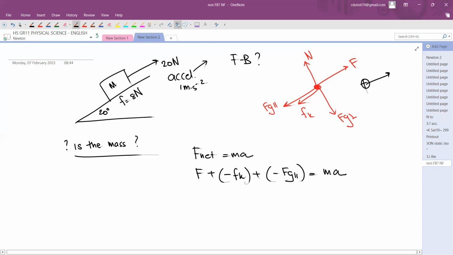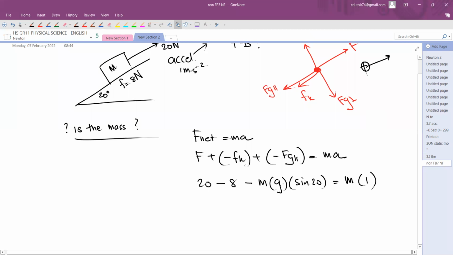Is that correct? Yeah. If the upward force is positive, then those two components are negative. So now I have 20 newtons minus friction, 8, minus Fg parallel, which is m, I don't have the mass, times g times sin 20. And that is the mass times the acceleration upwards, which is 1.